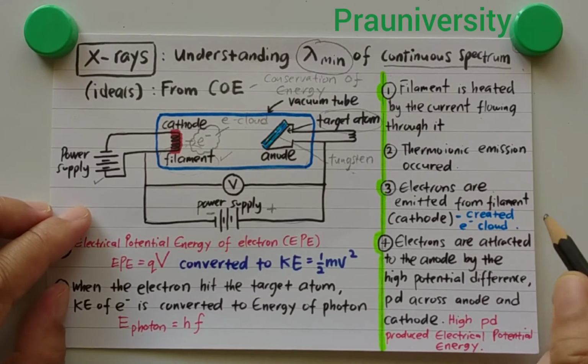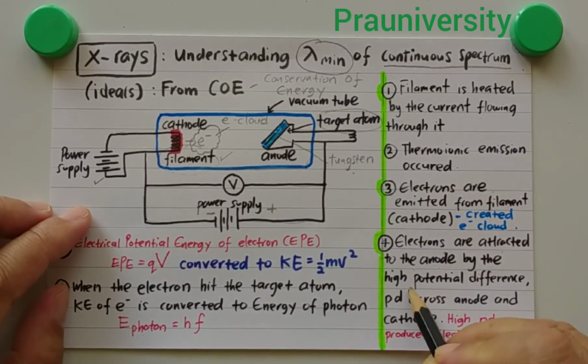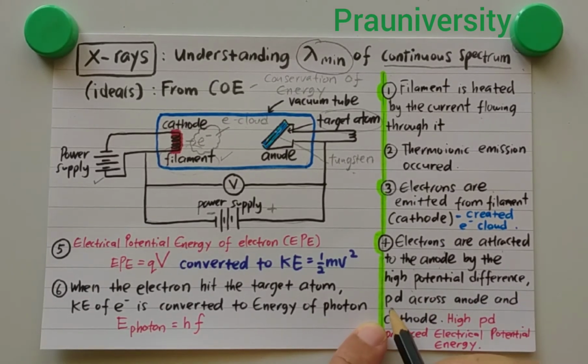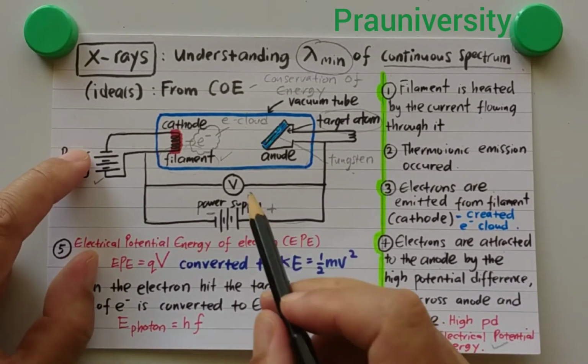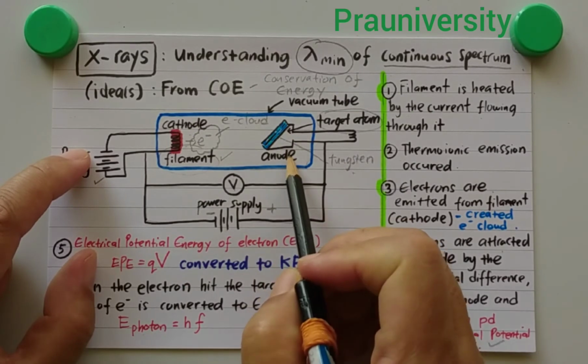Okay, so we continue. Electrons are attracted to the anode by the high potential difference across anode and cathode. High potential difference produces the electrical potential energy. So here is the potential difference between cathode and anode.